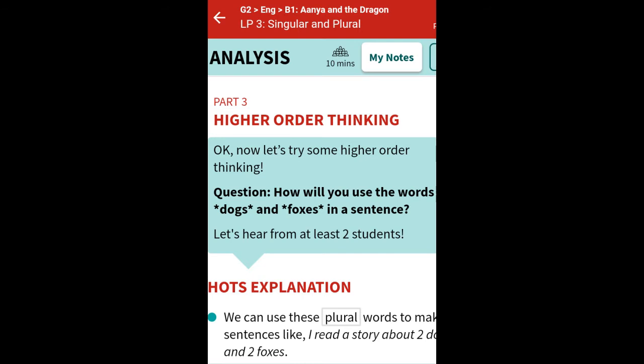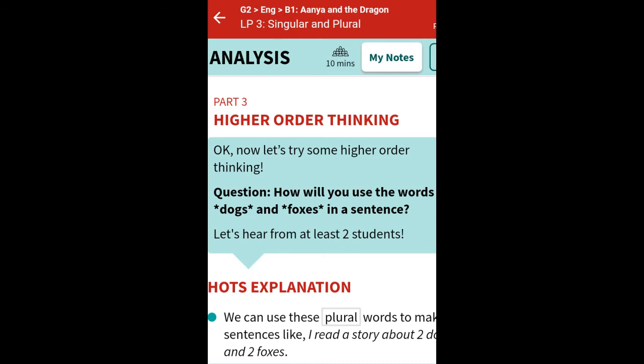When a singular noun ends in ch, sh, ss, s or x, like in watch, dish, fox, bus and class, we add es to form the plurals, like watches, dishes, foxes, buses and classes.